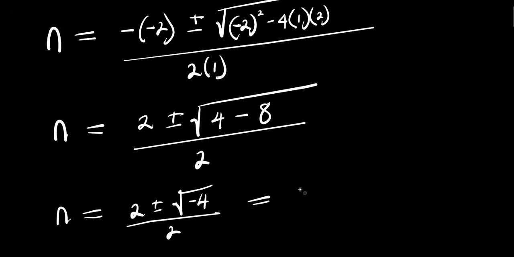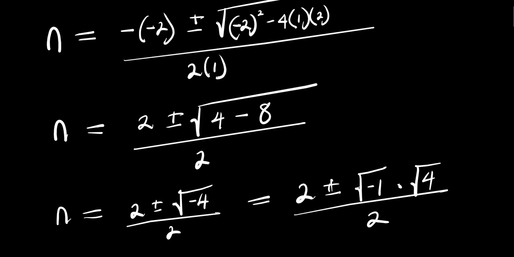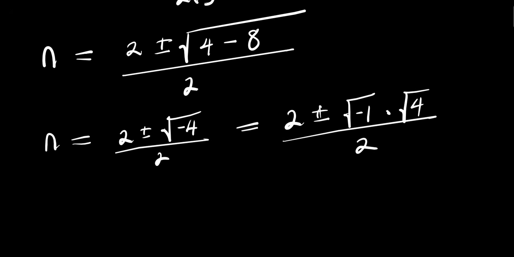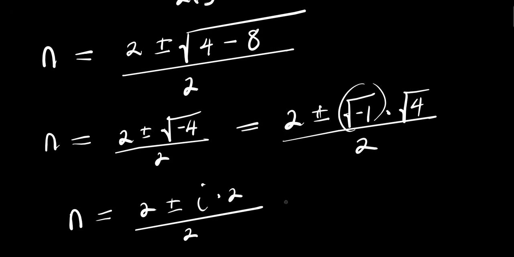So this will definitely give you 2 plus or minus square root of negative 1, because of this negative here, times square root of 4, divided by 2. And from here, we have n equals 2 plus or minus, square root of negative 1 is i, times square root of 4 is 2, divided by 2.